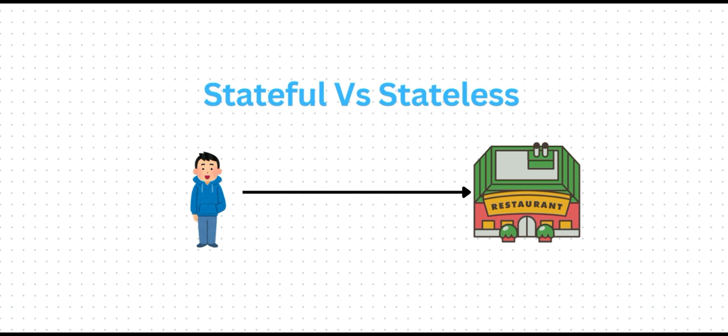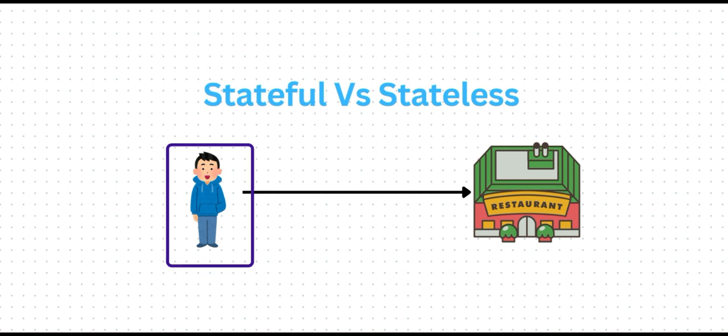The session ID is sent to the client typically via cookies and must be included in every request. When the user makes a new request, the server checks the session ID against the stored session data to verify the authentication. So now let's take an example to understand stateful authentication. Imagine you are visiting a restaurant.